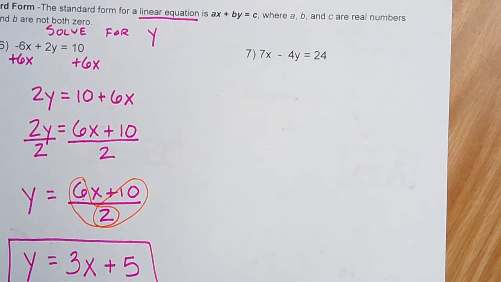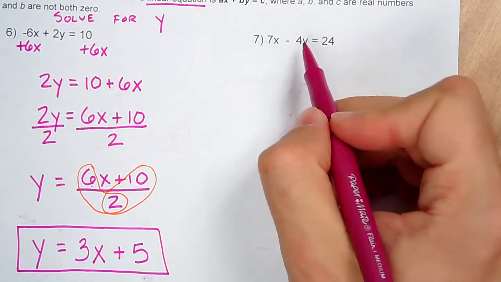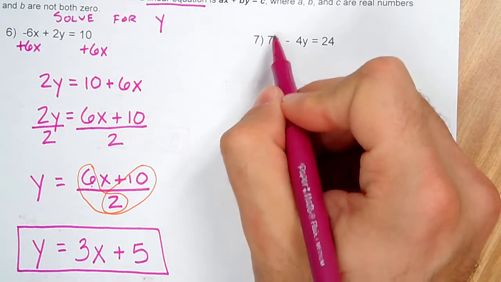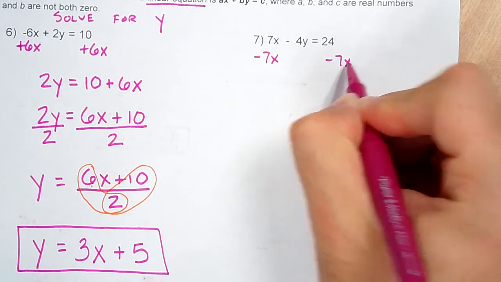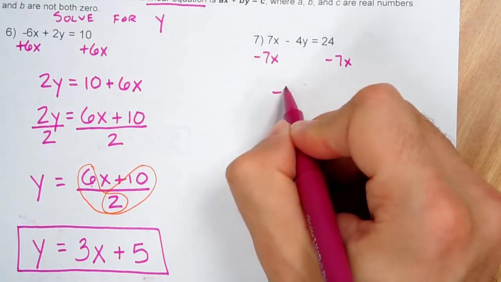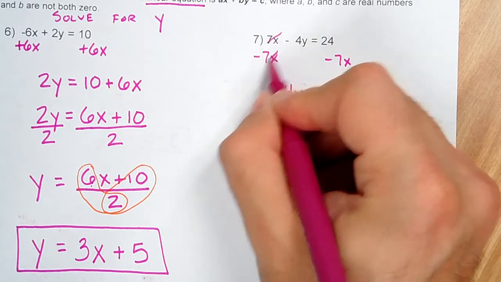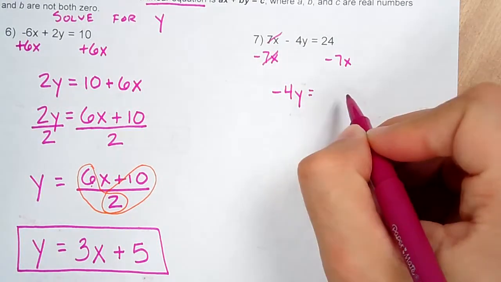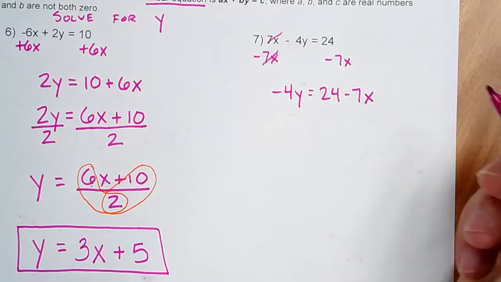Let's do this again with problem 7. I'll keep the one on the left so we can kind of mimic it. Solve for y. So I need to undo the 7x. We're going to take away 7x. Negative 4y, because remember these cancel, I still have the negative, is equal to 24 minus 7x.